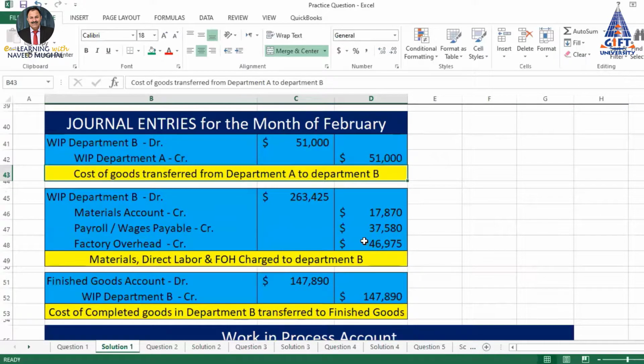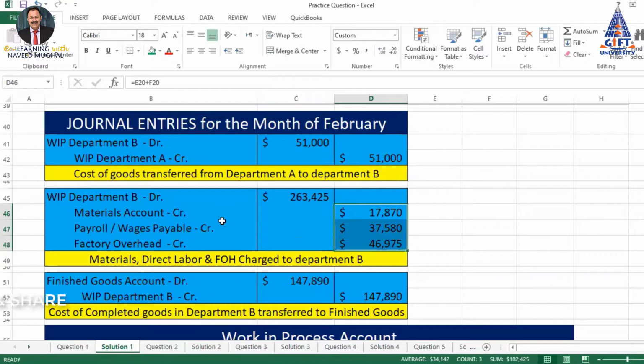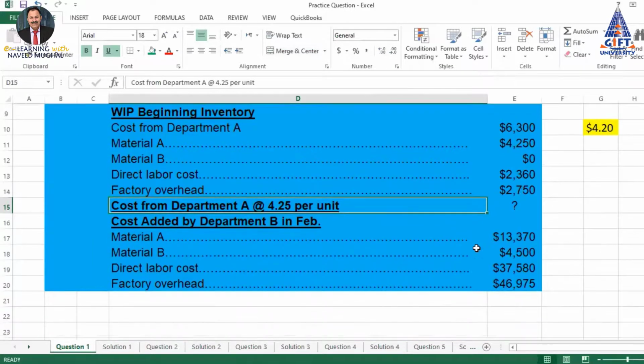The second transaction is the charge of current period cost in department B. When we charge the cost, we debit work in process account. Work in process department B account is debited, and the cost elements which are being charged are credited. So the materials account is credited. How much material we have charged, this information will give you.